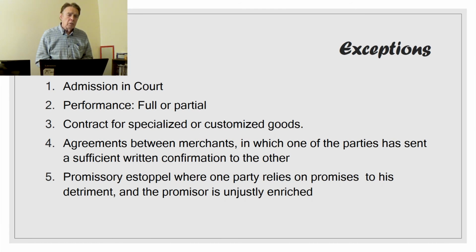Now I have to tell you, these are the five exceptions that are recognized by most people. There is in some states a fifth exception where one could assert that one was a victim of fraud. Let's go back to the partnership case. Let's say that you want to argue to the judge that my client was being defrauded.